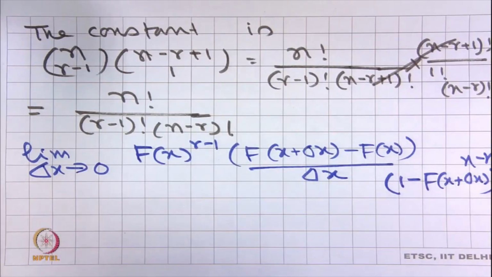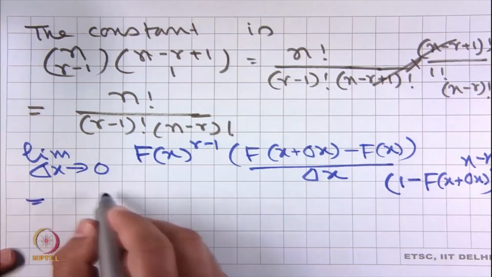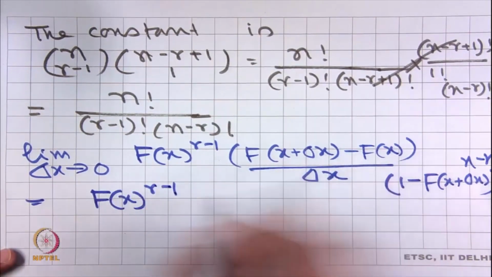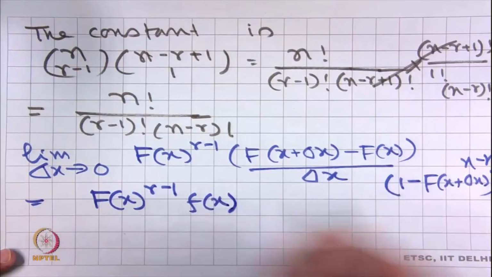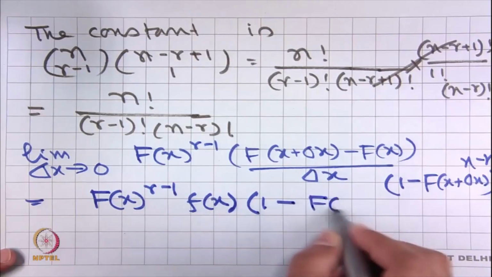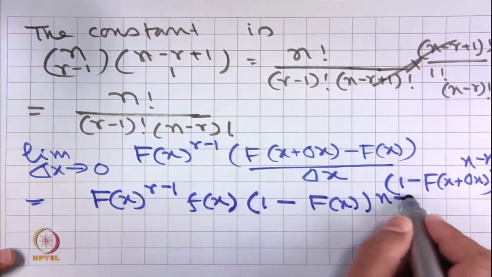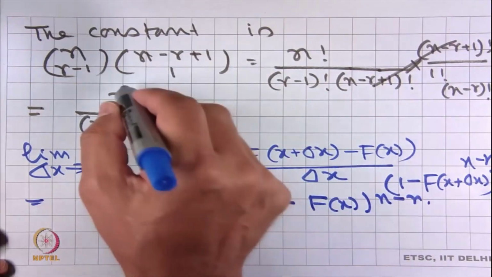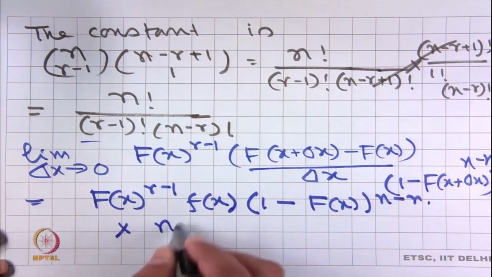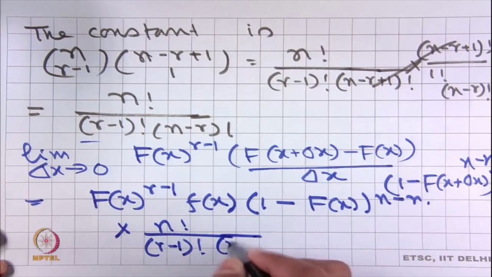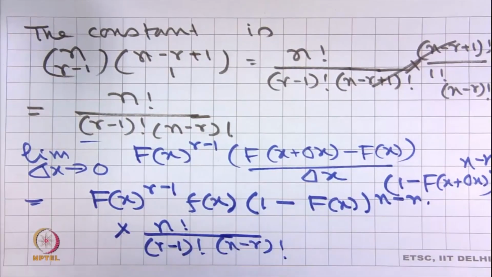If we take the limit, then F(x) to the power r minus 1 stays, the difference quotient gives us f(x), and as delta x goes to 0, this becomes [1 minus F(x)] whole to the power n minus r. And this whole thing will be multiplied by the constant that we have obtained, that is n factorial into (r-1) factorial into (n-r) factorial.